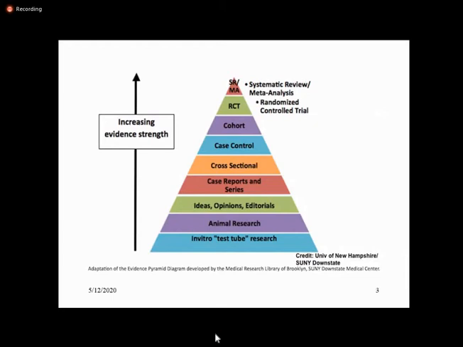At the top, the highest strength of evidence is the systematic reviews or meta-analysis. Just below it are the randomized controlled trials, which have the highest weightage, and their results are more precise and more accurate than the descriptive or observational study designs.